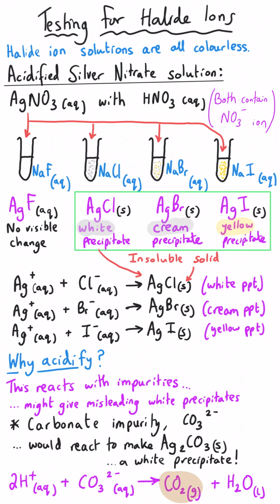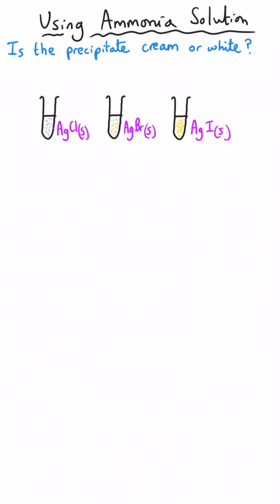The three precipitates that form after you've added silver nitrate to a solution containing a halide ion are not always easy to tell apart. The yellow precipitate for silver iodide is quite distinctive, but if you're only making one precipitate, it can be quite difficult to know whether what you've made is a white precipitate or a cream precipitate, and so a follow-up test is needed to prove one way or the other.